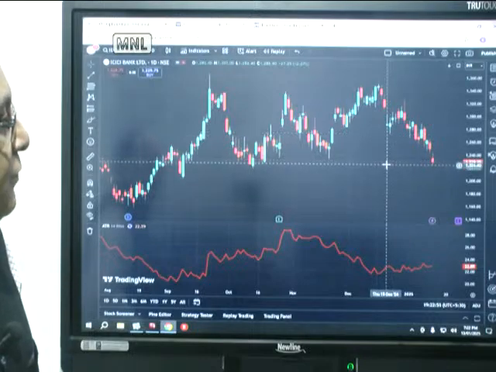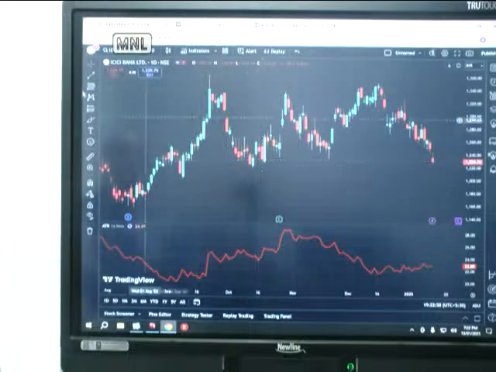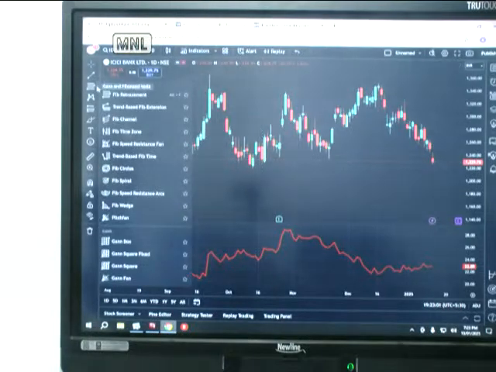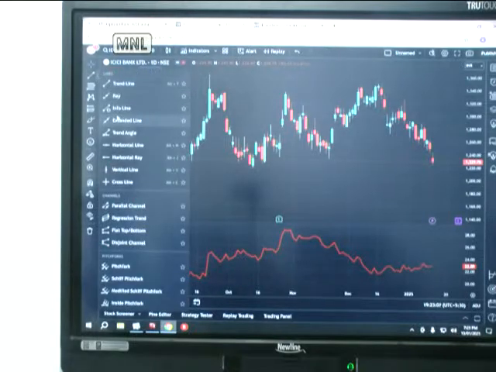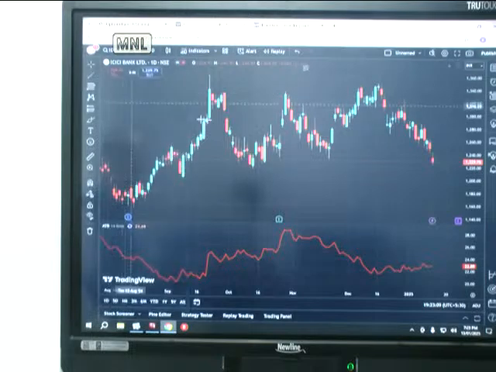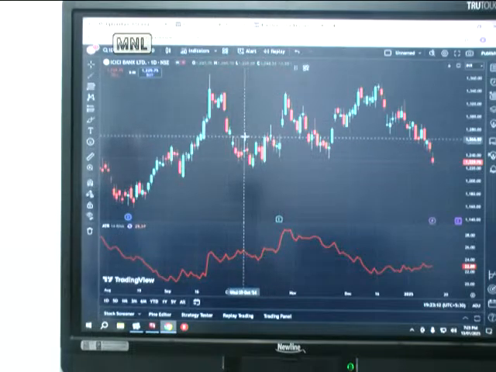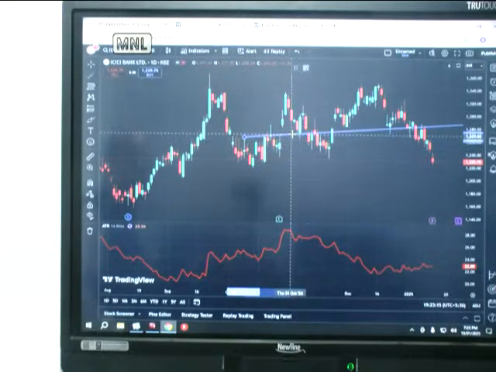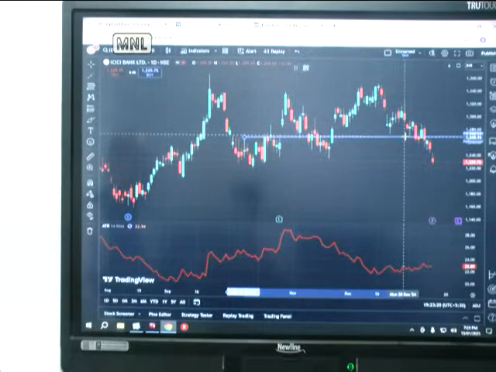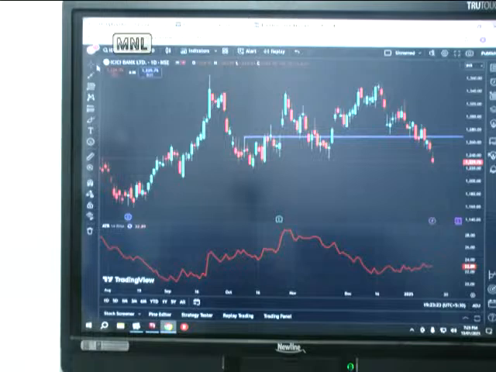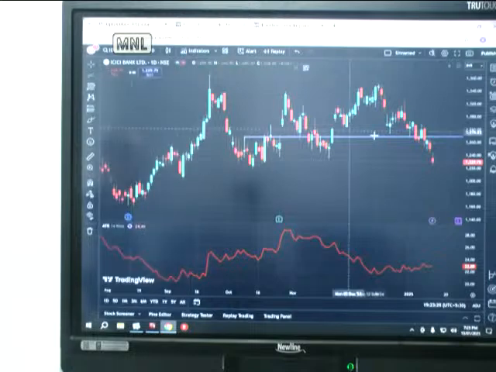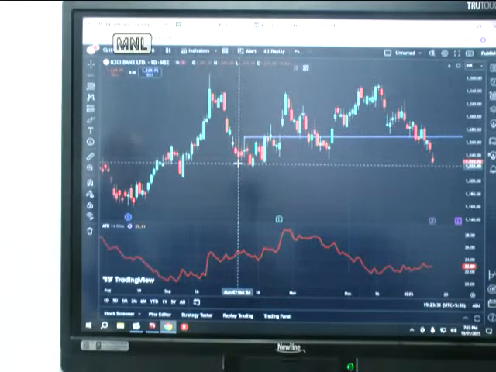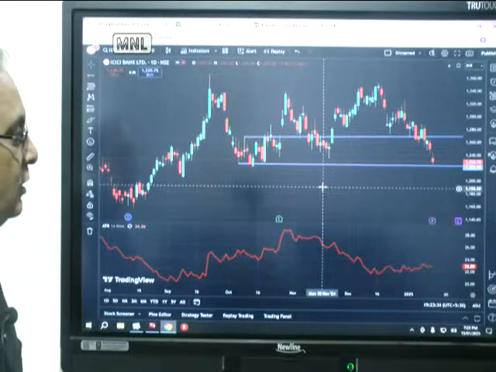Now, if you look here, for example, I'll draw a horizontal ray on the left side of the chart. We go to the left side of the chart in any chart. Now just look at this.